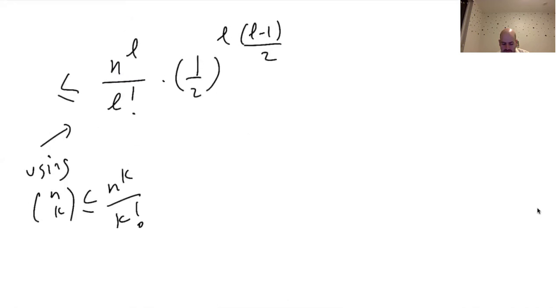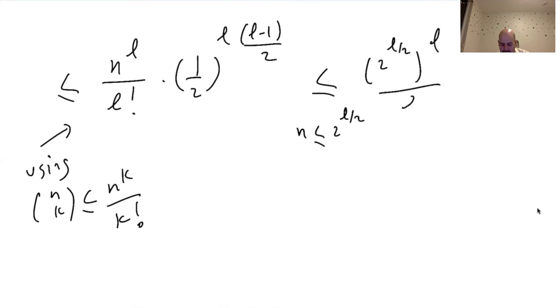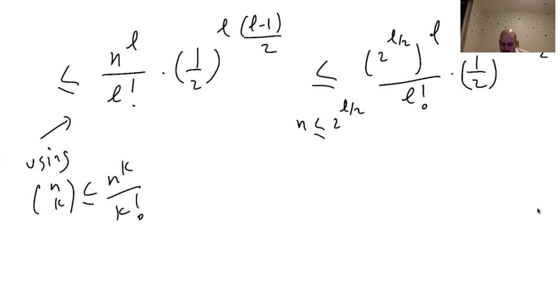So n is less than or equal to 2 to power L over 2. So this is less than or equal to 2 to power L over 2, to power L, divided by L factorial, times 1/2 to power L squared over 2 minus L over 2. Now let's simplify this.